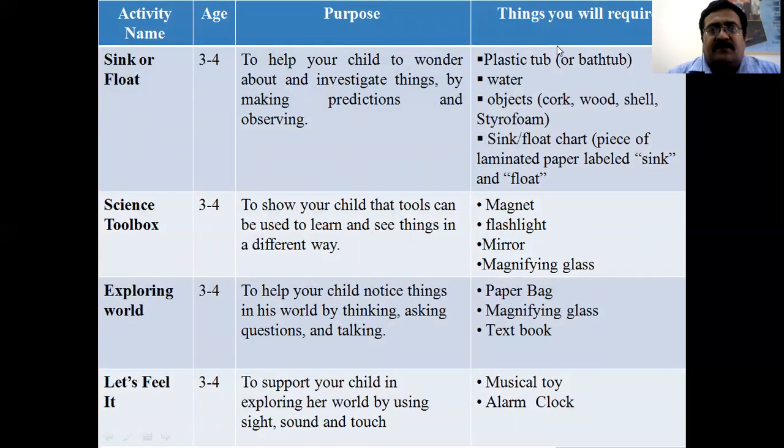The purpose is to help your child wonder about and investigate things by making predictions and observing. The things required to perform this activity are a plastic tub, water, objects like cork, wood, shell, etc., and a sink float chart.